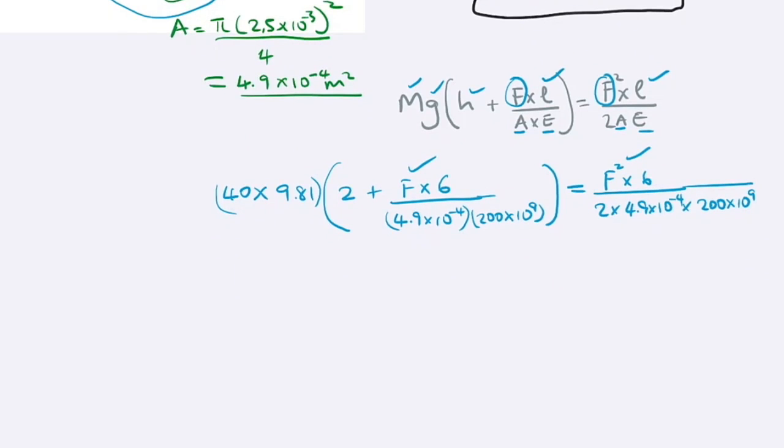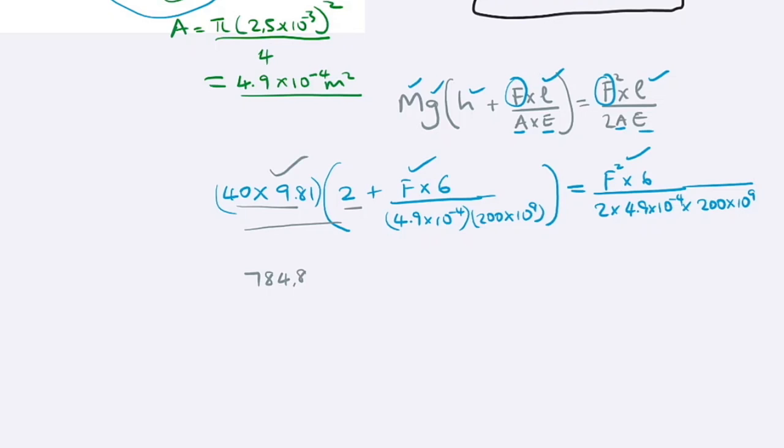Then from here, on this side, when you say this times this, you're going to get 784.8.